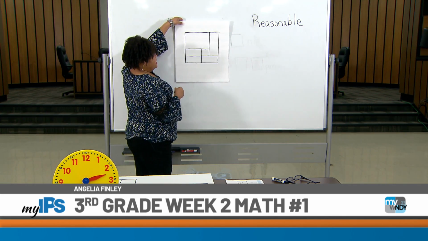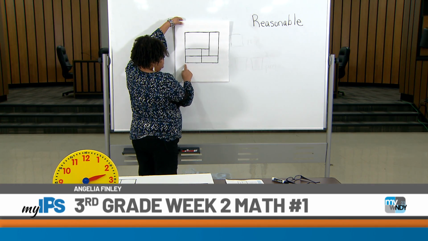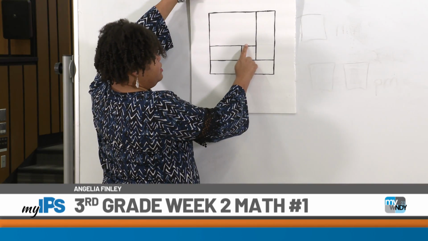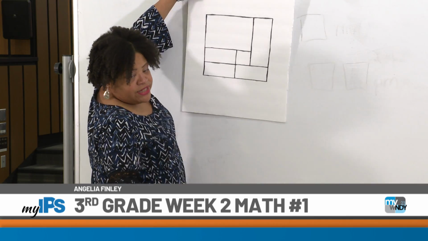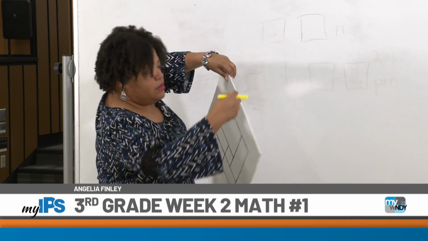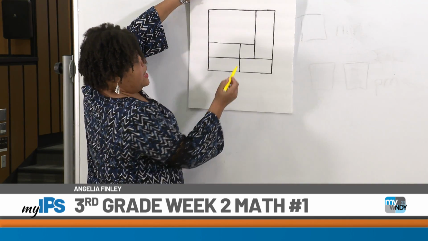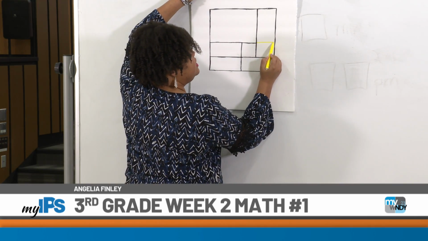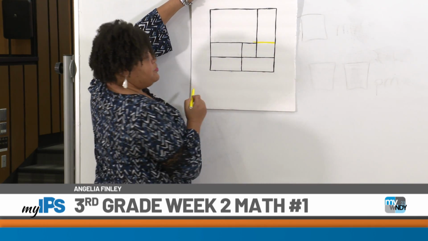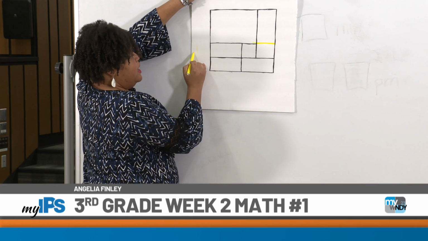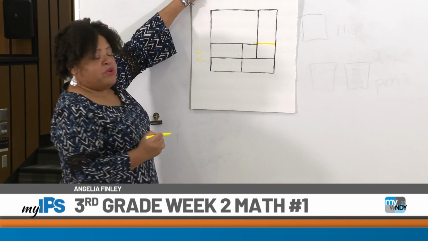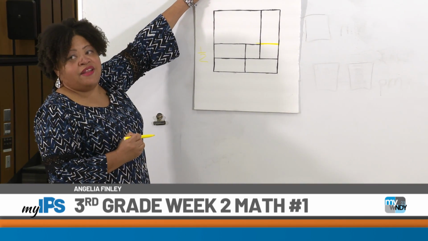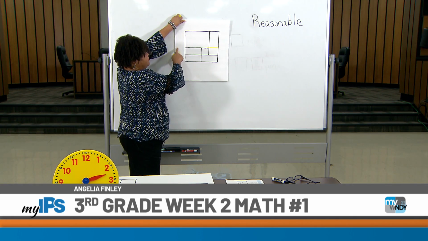So looking at this, if I take my yellow marker and go straight across here, I've created a half. I wrote it in yellow on purpose so that you guys can think about it. It's a half.